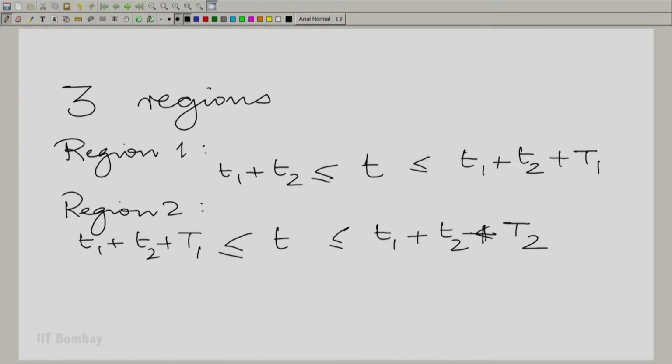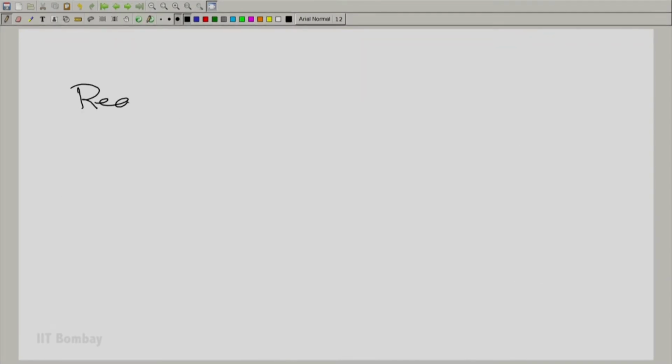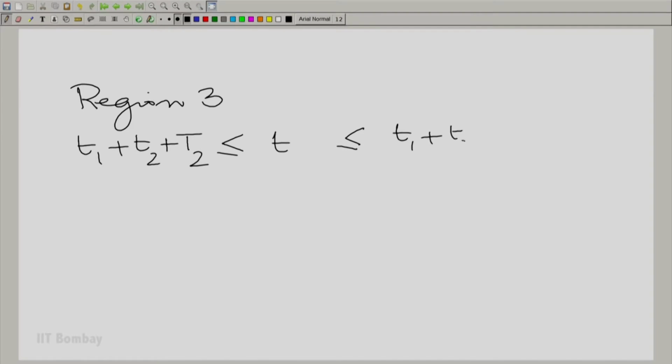Of course, capital T2 is greater than capital T1, so valid. And finally, region 3 was t greater than t1 plus t2 plus capital T2, but less than or equal to t1 plus t2 plus the sum of capital T1 and capital T2.